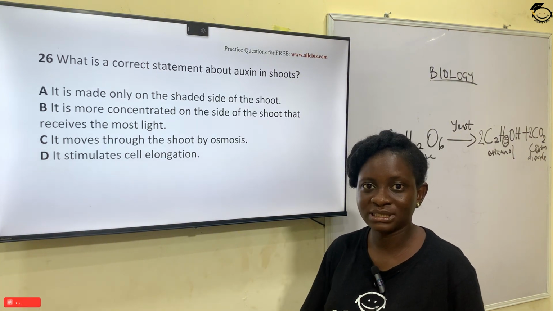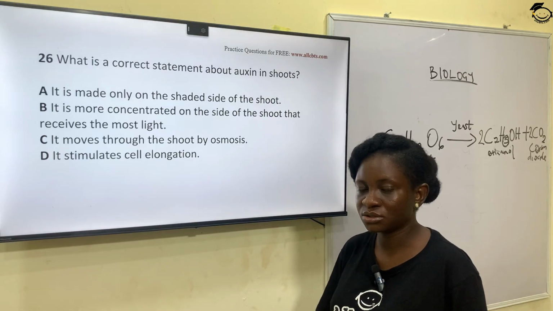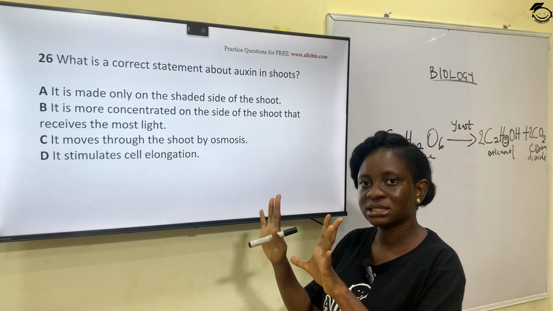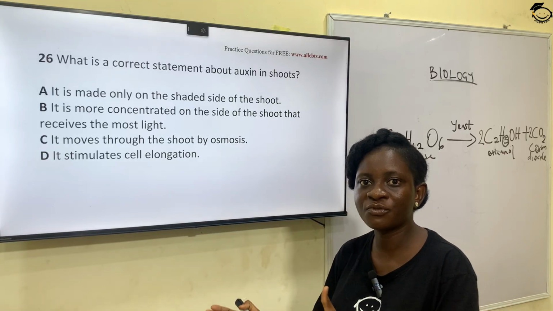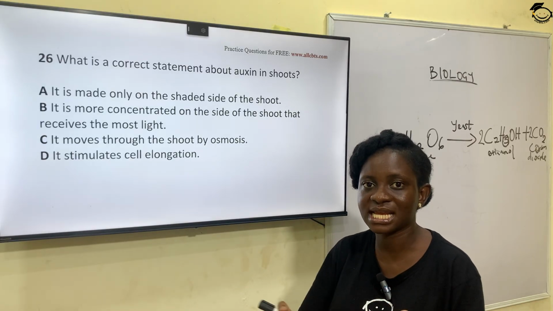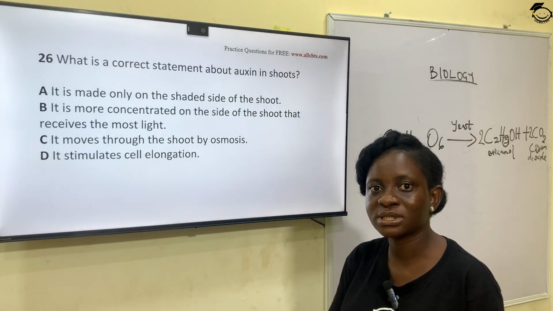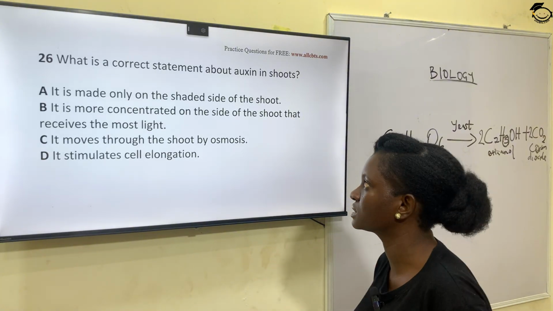Question 26. What is the correct statement about auxin in the shoot? Auxin is a hormone that is present in plants, and what this auxin does is that a plant that is in a shaded area tries to move towards light. So it elongates the stem so that this plant will be able to get light for photosynthesis.